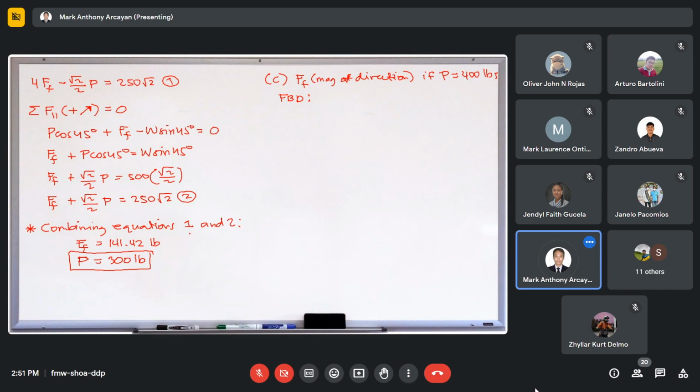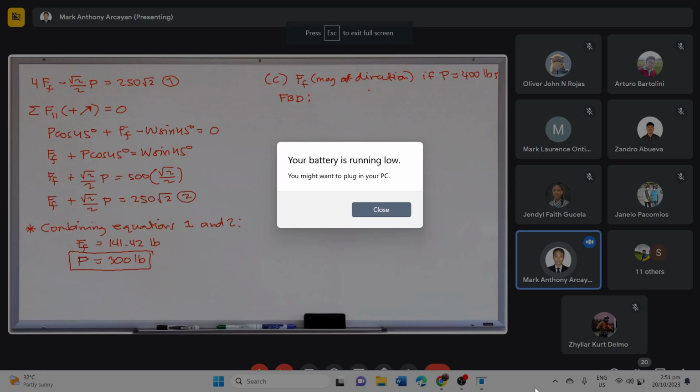So the applied force of 400 indicates the direction of impending motion.